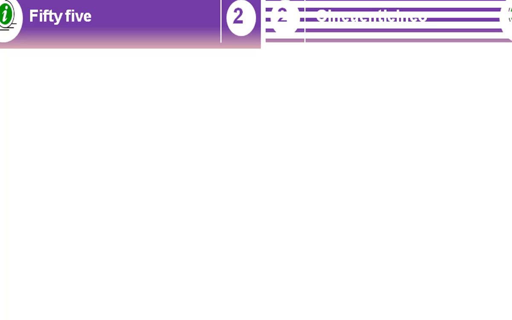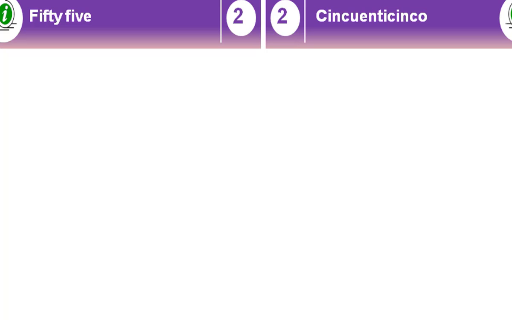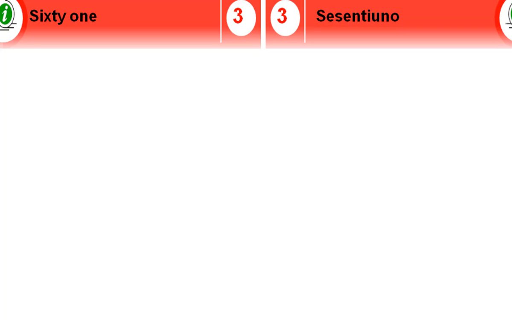So, cincuenta y cinco. 61: sesenta, and 1 is uno. So, sesenta y uno. Remember, we just remove the last letter of the tens number and replace the Y with I. Sesenta y uno.